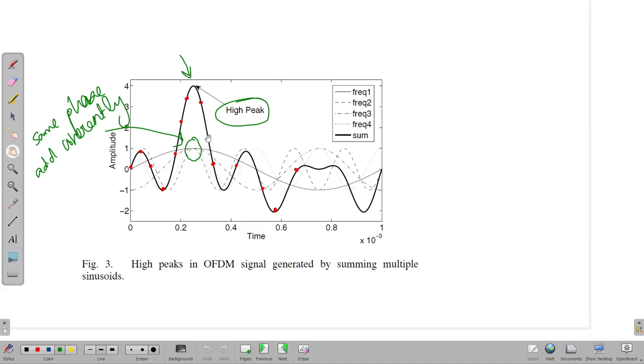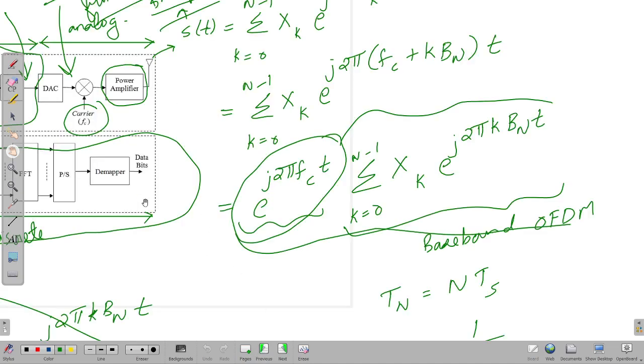These high peaks may drive the power amplifier into a non-linear region of operation, because all power amplifiers have a region where they operate linearly, in the sense the output is linear to the input, or you can express it as y of t is equal to some gain of the amplifier times x of t. That's a linear signal.